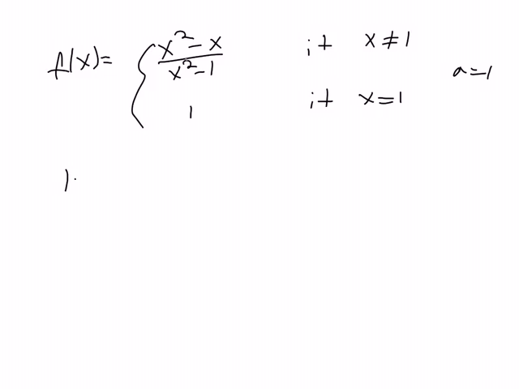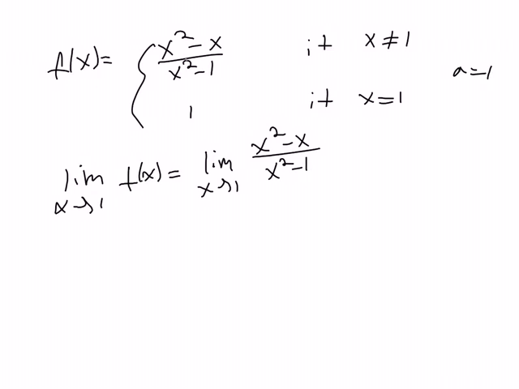So the limit as x approaches 1 of f of x is equal to the limit as x approaches 1 of x squared minus x over x squared minus 1, which is equal to x times x minus 1 over x squared minus 1, limit as x goes to 1.